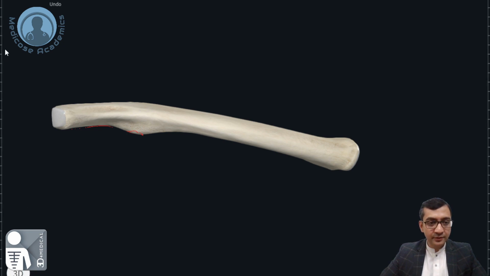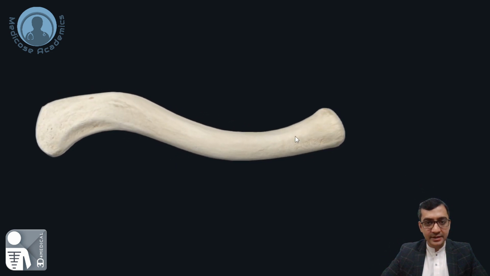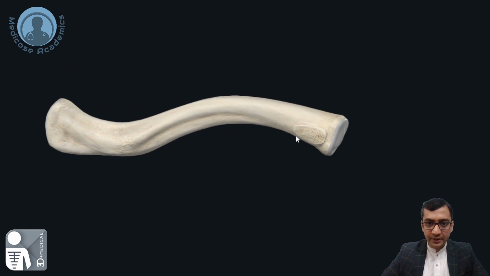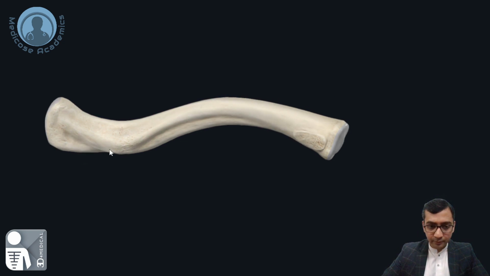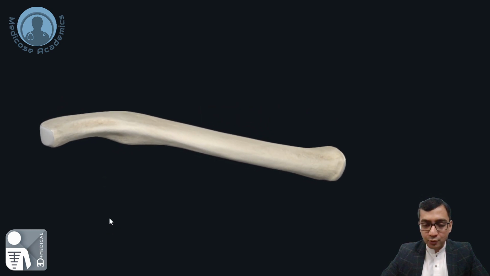The superior surface does not have any very prominent features. It is relatively smooth. The inferior surface will have the subclavian groove in the middle, an impression for the sternoclavicular ligament medially, and the conoid tubercle and trapezoid ridge laterally. So you identified which is the superior surface and which is the inferior surface.